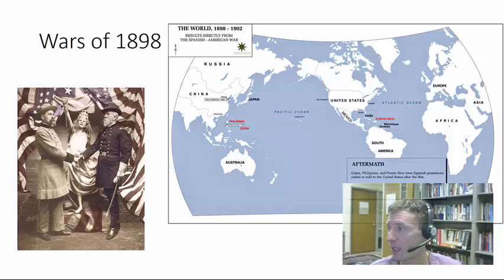So the United States goes to war against the Spanish Empire in Cuba, in Puerto Rico, and then way over in the Pacific against the Philippines and in Guam.